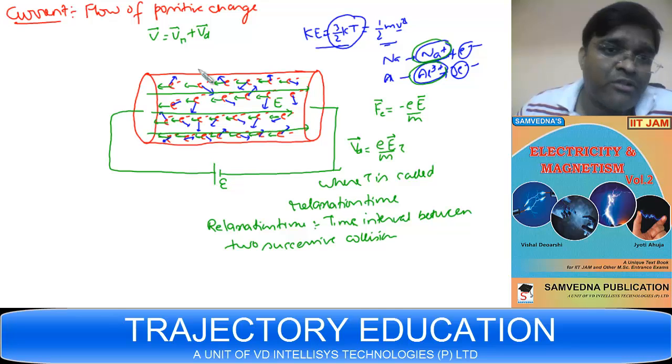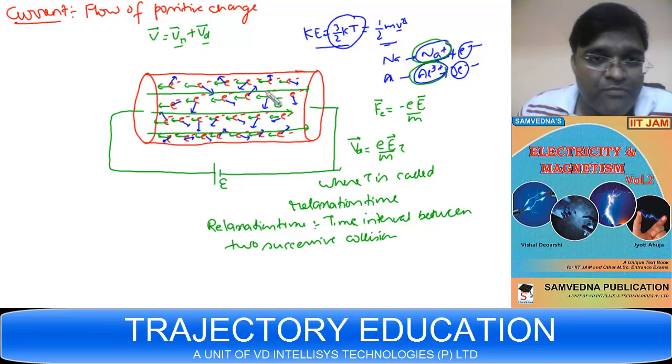Still, every electron has a random component, which is shown by the blue vectors. The green one shows the drift velocity, which is going to be the same for every electron. So every electron will have a random component and a drift component. The drift component of every electron lies in the same direction. The random component will obviously be random, that is the name, so they are in different directions.